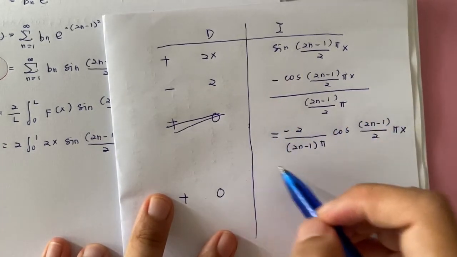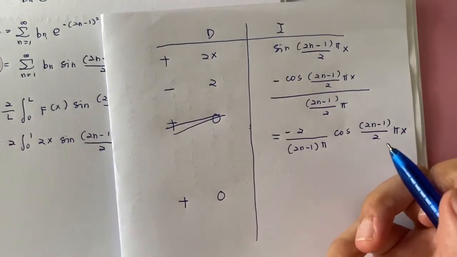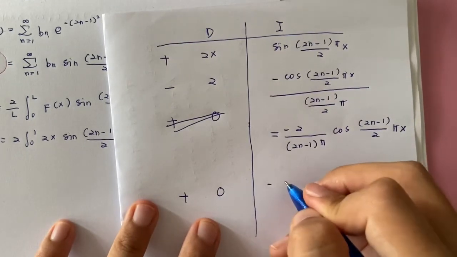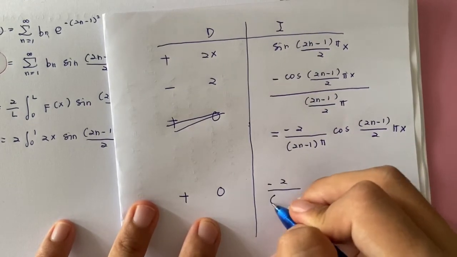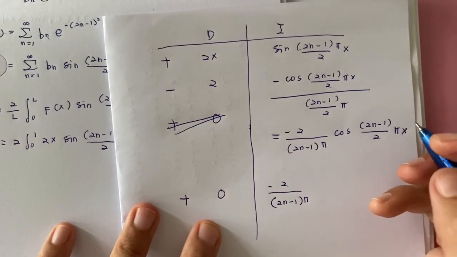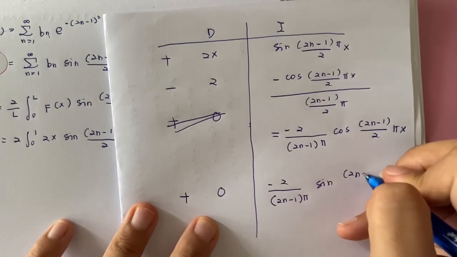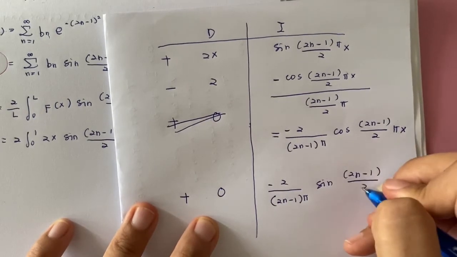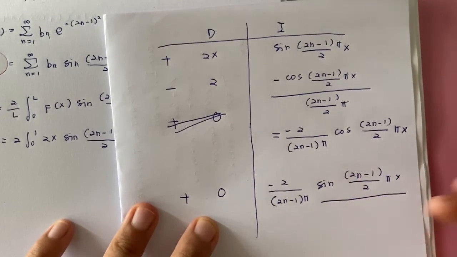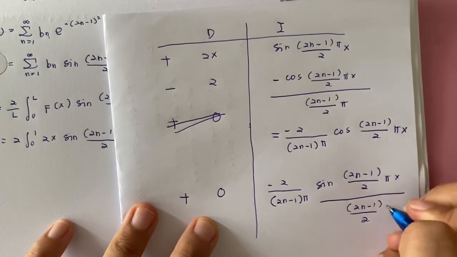Okay, the integration for this one is equal to, you integrate cos, so you have minus 2 over 2n minus 1 pi, integrate cos, you have positive sine 2n minus 1 over 2 pi x divided by 2n minus 1 over 2 pi.